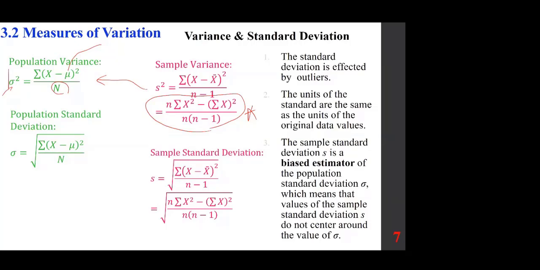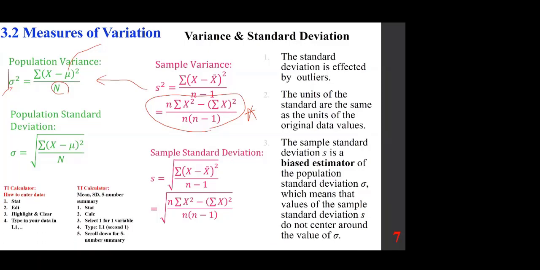As you remember, we do have the formulas and tables and usage of a calculator. So I put the information here also that's handy for a TI calculator. You can enter the data as follows. Click on Stat, Edit, and you want to clear, and then type the data in, for example, L1.